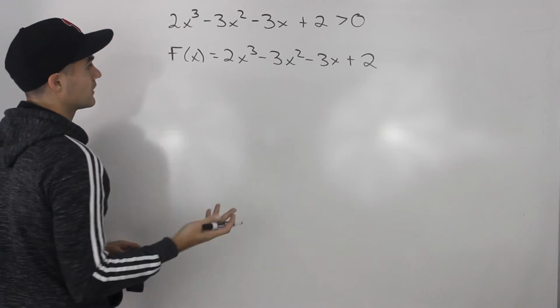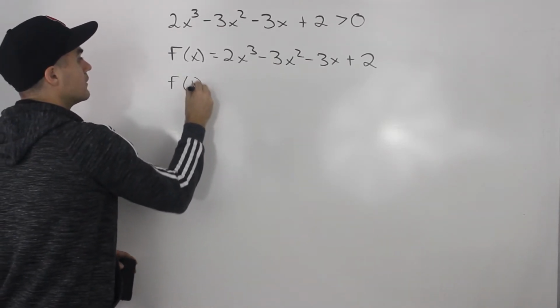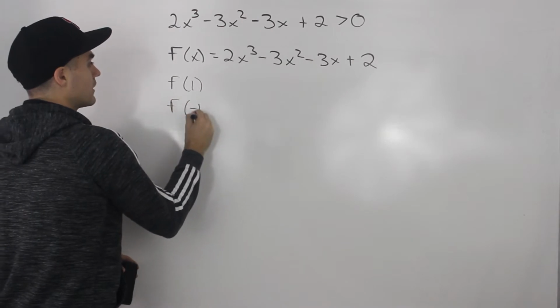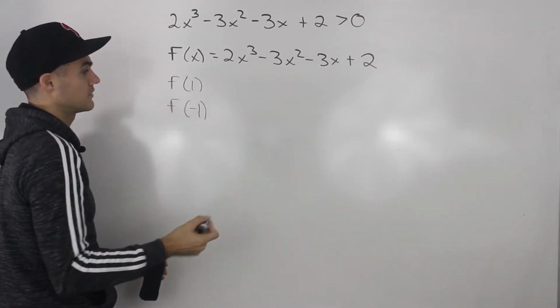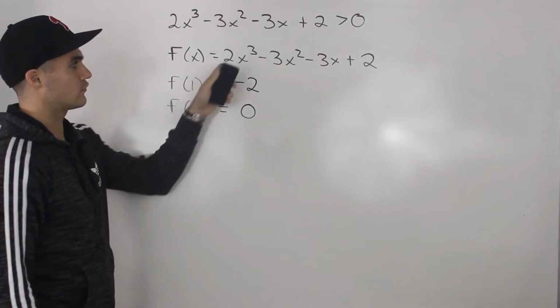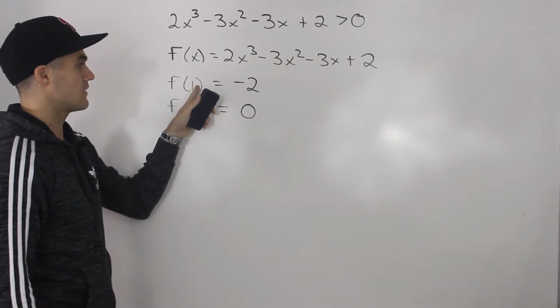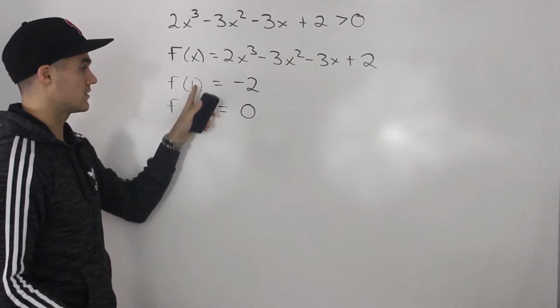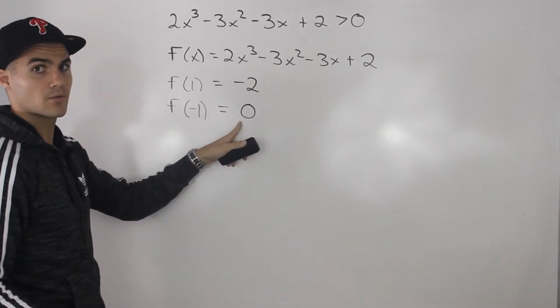So you've got to start plugging in a bunch of numbers. You try f of 1, f of negative 1, etc. And if one of them equals 0, then we know it's a factor. If we plug in 1 for all the x values, we get negative 2. So we know a k value of 1 would not be a factor. If we plug in negative 1, though, for the x values, we get 0.